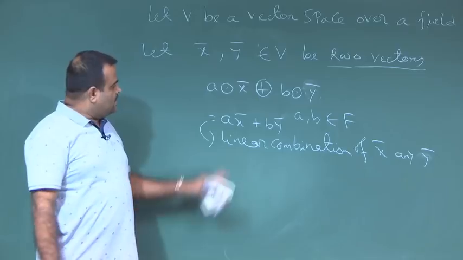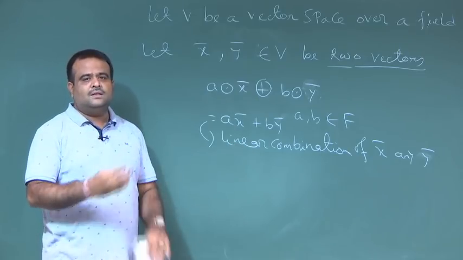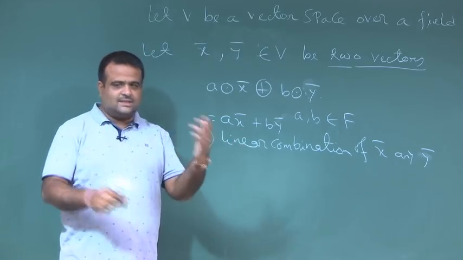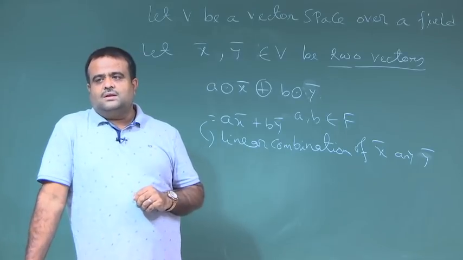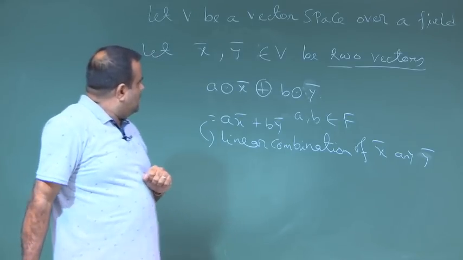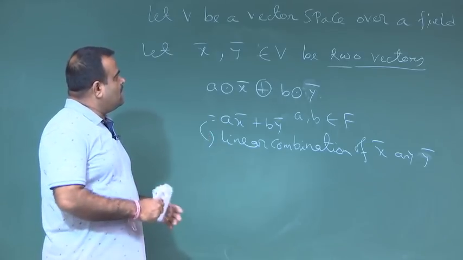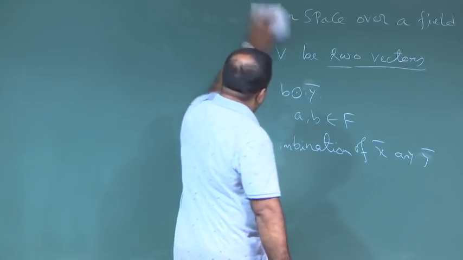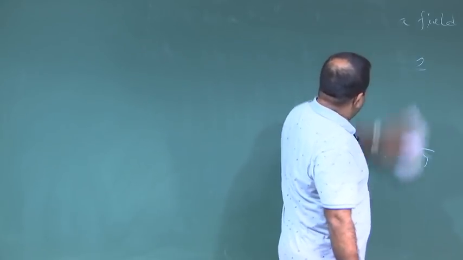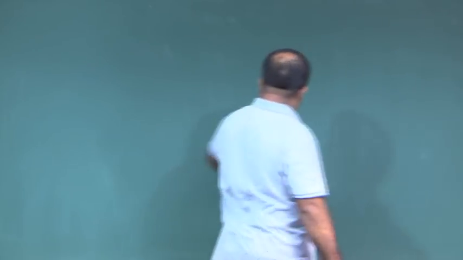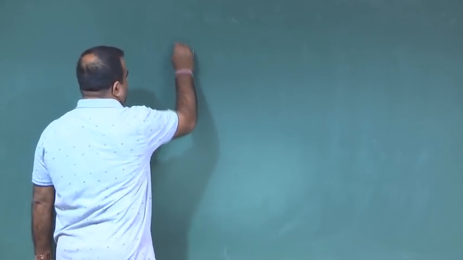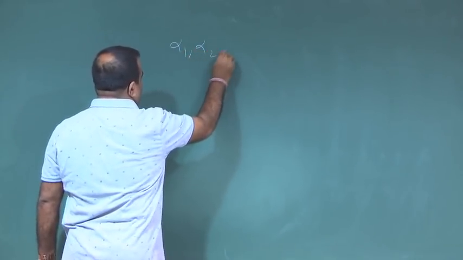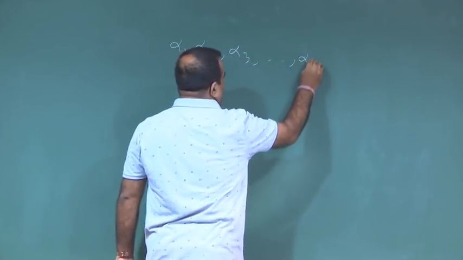Okay. So, if we take all such linear combinations, then this collection is a set, and this is called the linear span of these two vectors. Now, instead of two vectors we can have many vectors, say 3 vectors or n vectors, or we can have k vectors, say alpha 1, alpha 2, alpha 3, up to alpha k.